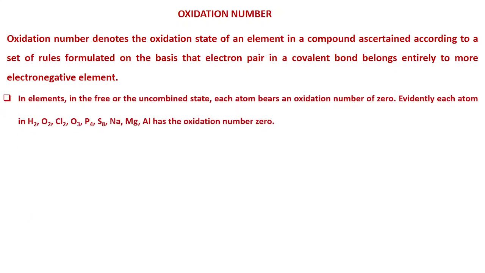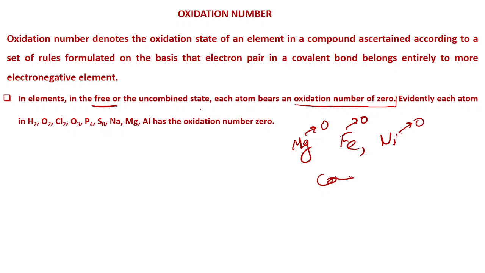First case: elements in the free or uncombined state will have an oxidation number of 0. Any element in the periodic table, like magnesium, iron, nickel or cobalt, will have an oxidation number 0.